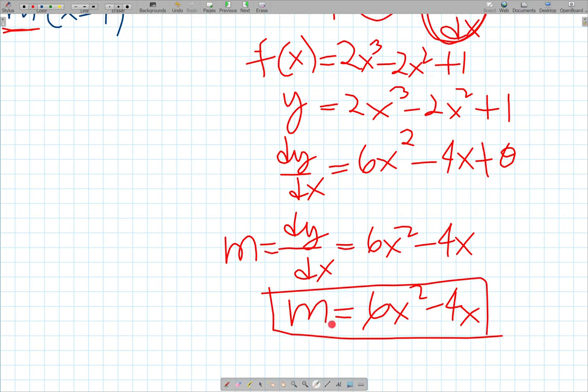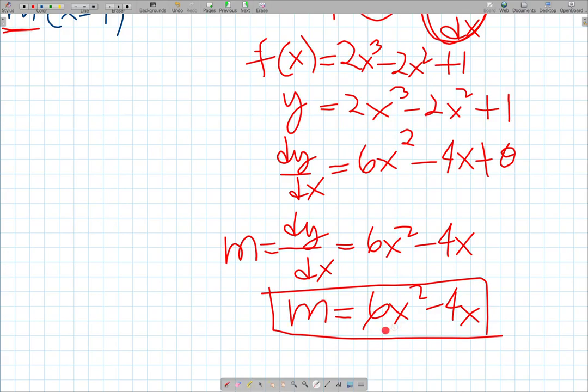So, meaning, this one is the slope of the tangent line. I mean, slope of the curve. Ang m equals 6x squared minus 4x na nasolve natin is the slope of the curve. Okay? Hindi yan sa slope ng tangent line.